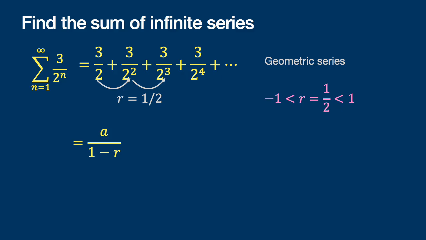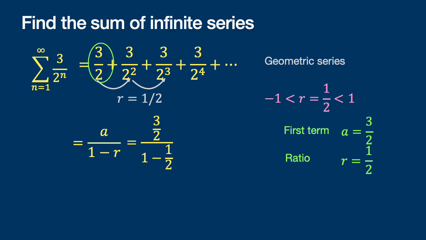The sum of a geometric series is going to be a, the first term, over 1 minus the ratio. What is the first term, guys? This one is going to be 3 over 2. The ratio is going to be 1 over 2. You plug in there: 3 over 2 over 1 minus 1 over 2.